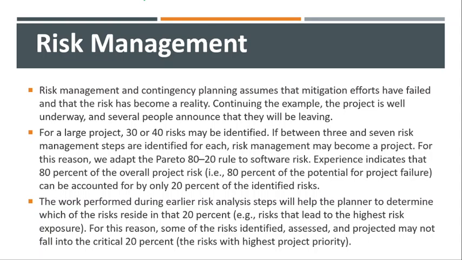For a large project, we may have say 30 or 40 risks identified, and if between 3 and 7 risk management steps are identified for each, risk management may become a project. It will really be big, this becomes a project.